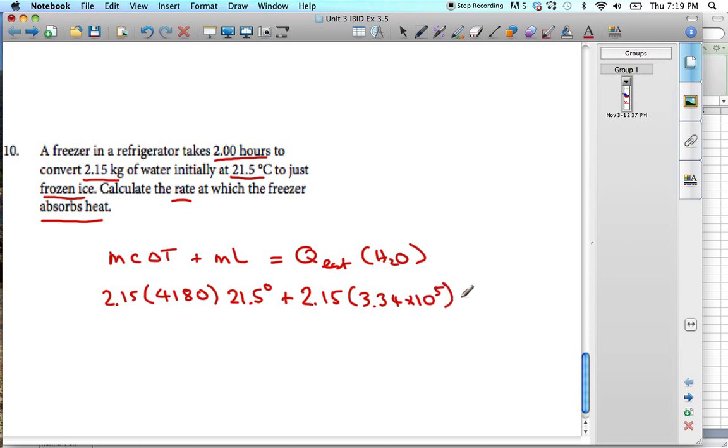So it's actually quite a high value, and that's going to equal the total Q.